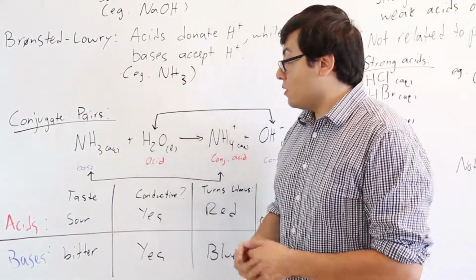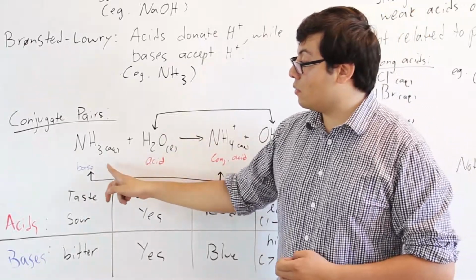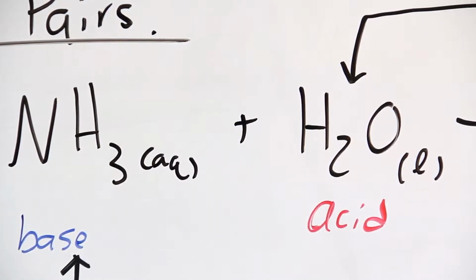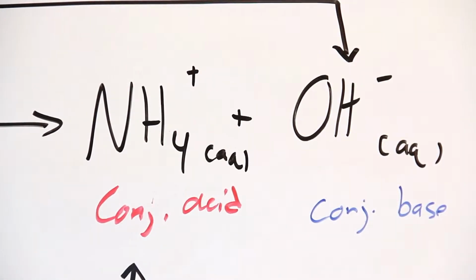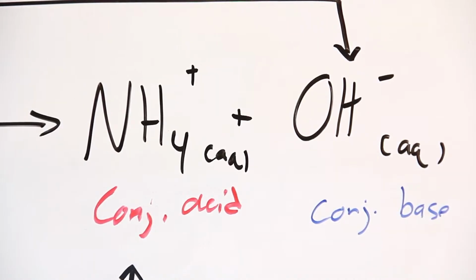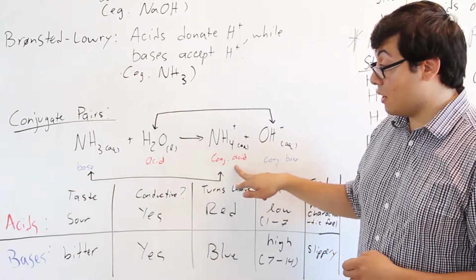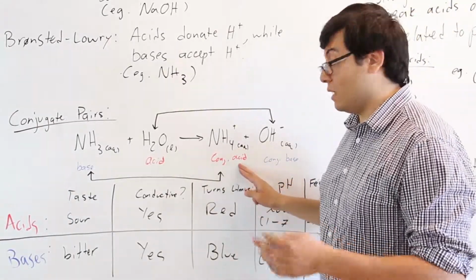So conjugate pairs. Conjugate pairs happen when a reaction can go both ways. In this case, we have our base, ammonia, and if we're looking at it in the opposite direction, ammonium would have to lose a proton, an H+, to become ammonia. That would make ammonium, NH4+, our conjugate acid because it can donate an H+.